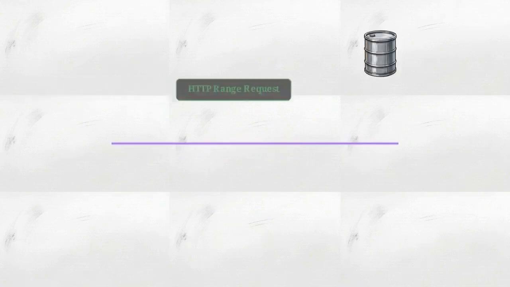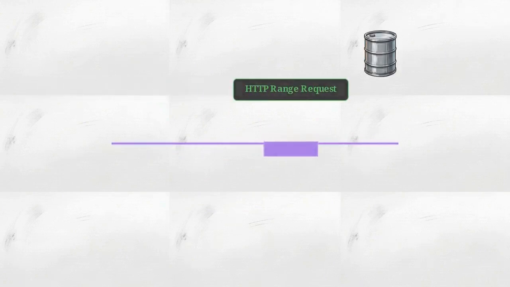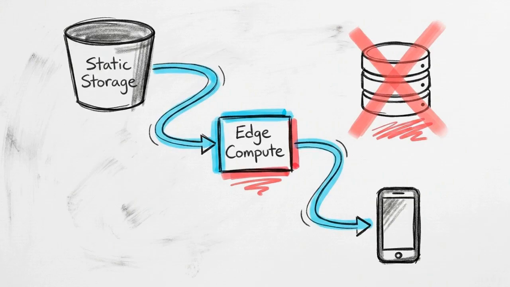The edge worker then issues an HTTP range request, extracting only that exact block of bytes from the bucket. That small vector packet is instantly compressed using Brotli at the edge, sent to your phone and rendered locally by your device's GPU. By combining static object storage with serverless edge compute, the system completely eliminates the dynamic database rendering bottleneck.